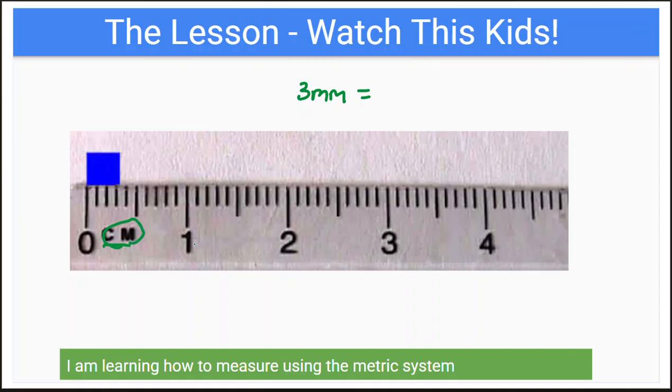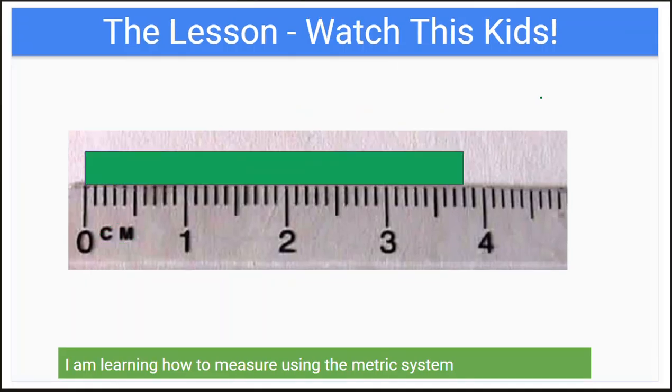It's not even 1 centimeter, is it? And we could write it as 3/10 of a centimeter. And you could write that as a decimal, like 0.3 centimeters. So that's 3 millimeters, 3/10 of a centimeter, or as a decimal, 0.3 centimeters. Let's do it again.